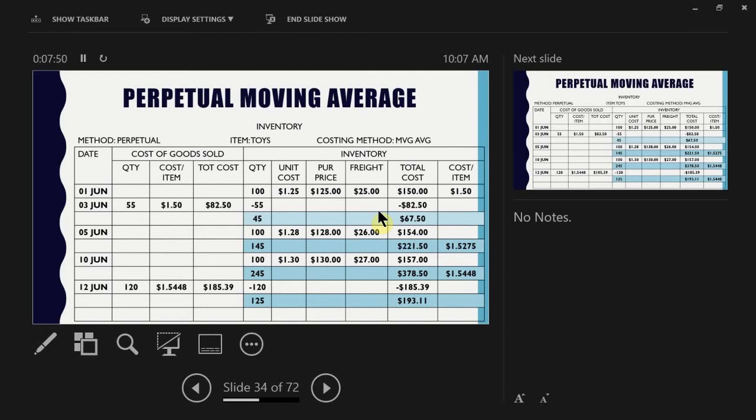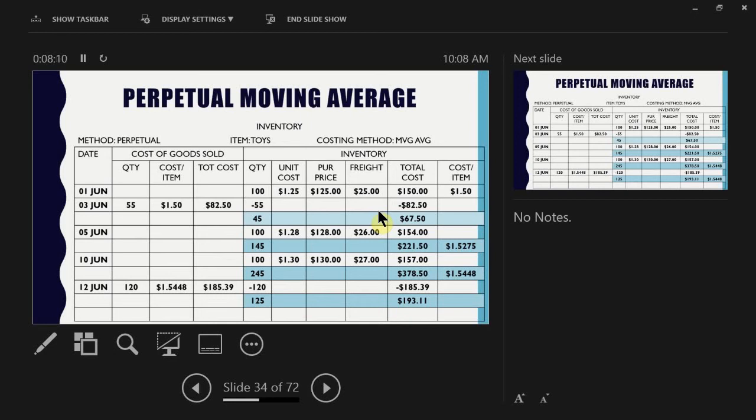And again, you need to recalculate your average cost per item, because you could be off by a tenth of a penny. And that tenth of a penny could make a difference, especially if you sell 1,000 items, or 100 items even. You could lose $1 easily right there.